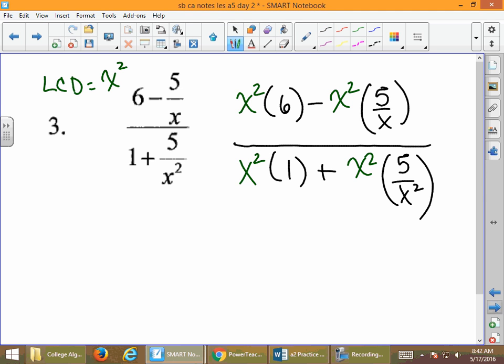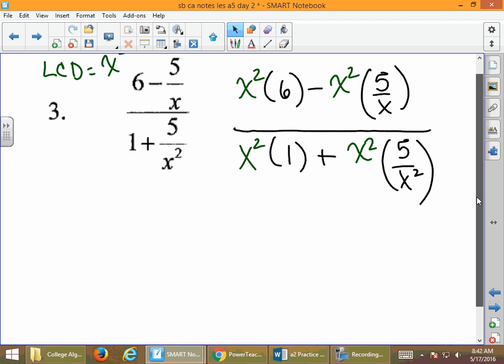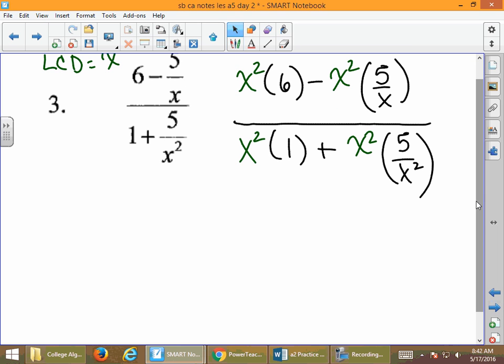And as we take a look at this, let's try to cancel. Well, x squared times 6, we don't have anything to cancel. That's going to leave us with 6x squared.